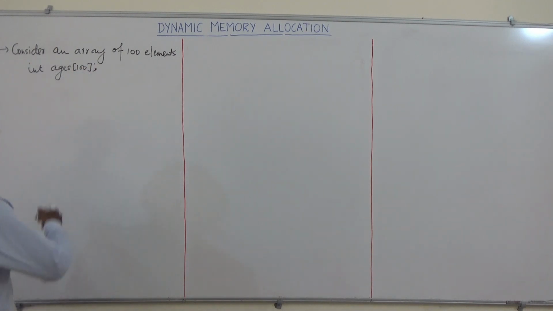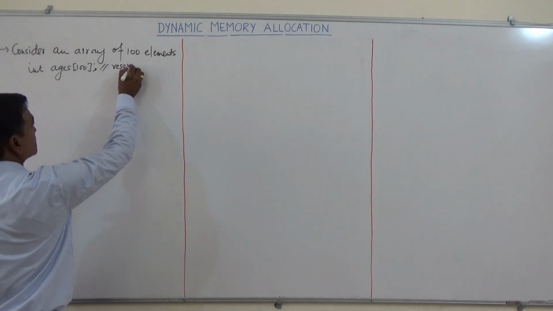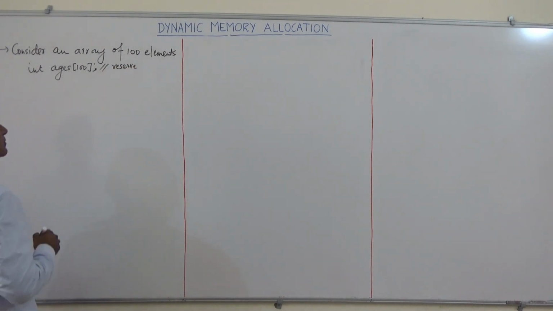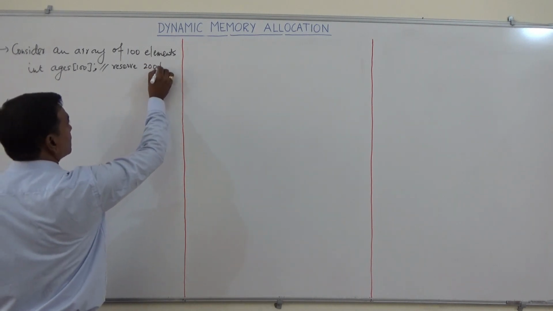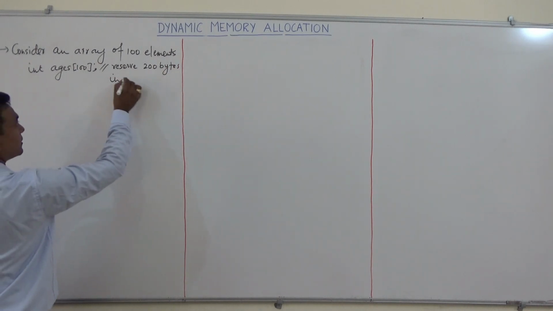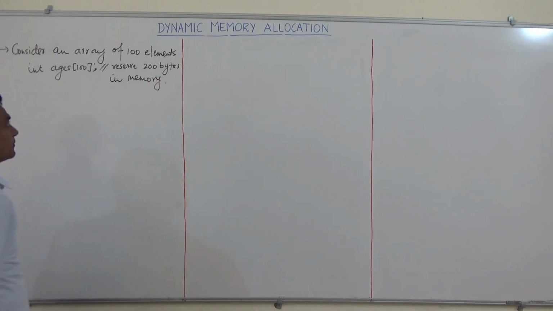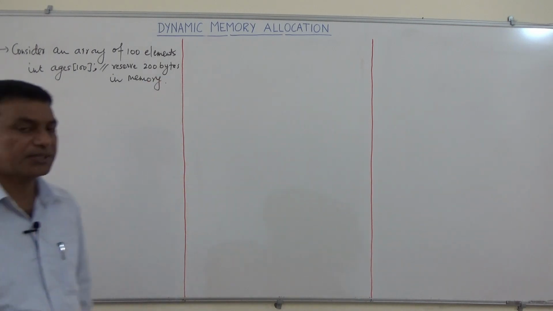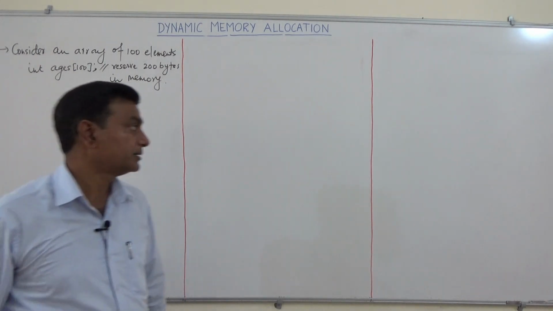It means it will reserve 200 bytes in memory. So we are familiar with the array and how we can declare it.